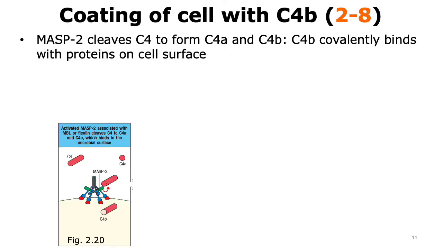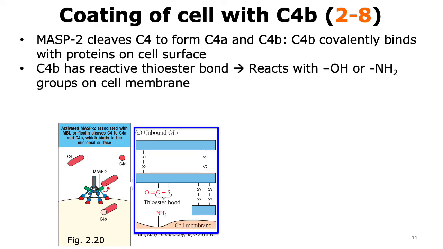MASP2 is able to cleave C4 to form 2 fragments. The smaller fragment is called C4a and the larger fragment is called C4b. Now, C4 is a thioester protein, and when C4b is produced, it has a reactive thioester bond.